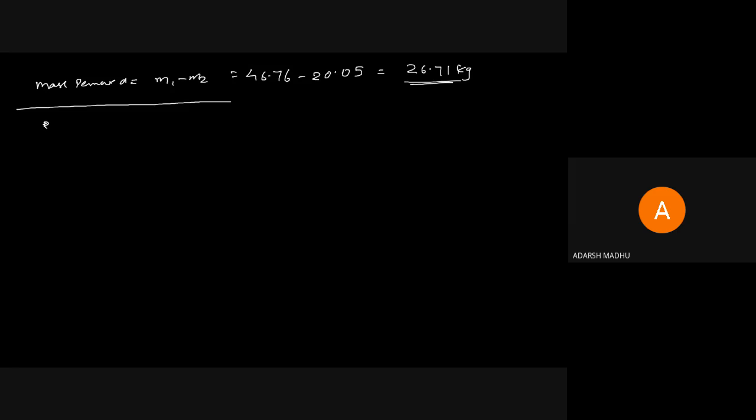So P equal to 1 bar, that is 10 raised to 5 Pascal, and temperature is 25 degrees Celsius, that is 298 Kelvin, and the mass you already found out, and you want to express this mass as volume.